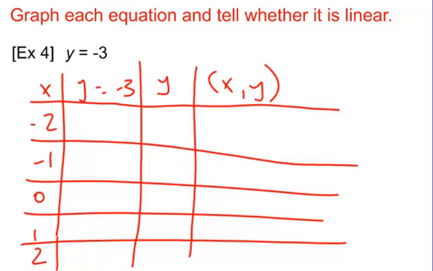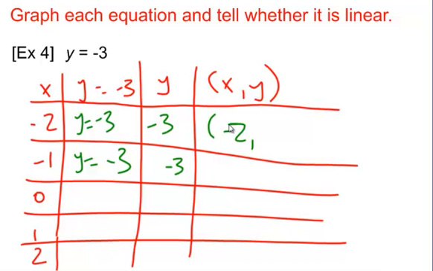So if I don't have x's and I'm trying to plug x's in, I have nowhere to plug it in, right? So it's just going to stay negative 3. So no matter what I put in, it just stays negative 3. Since there's no x's to actually input, it's just going to stay negative 3. So negative 2, negative 3, negative 1, negative 3.